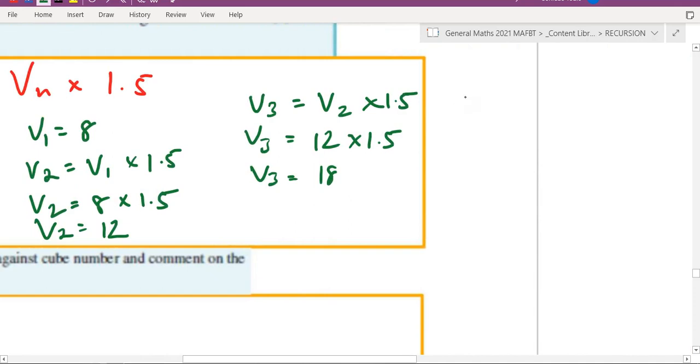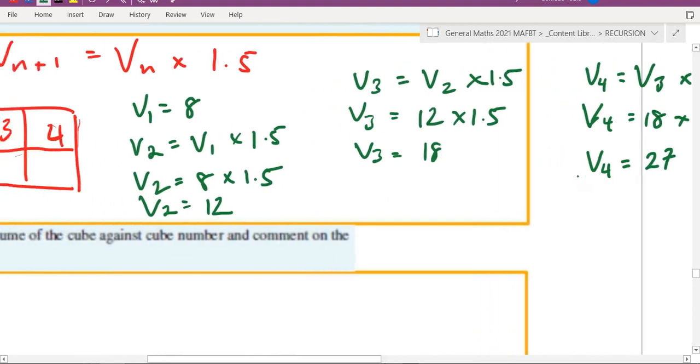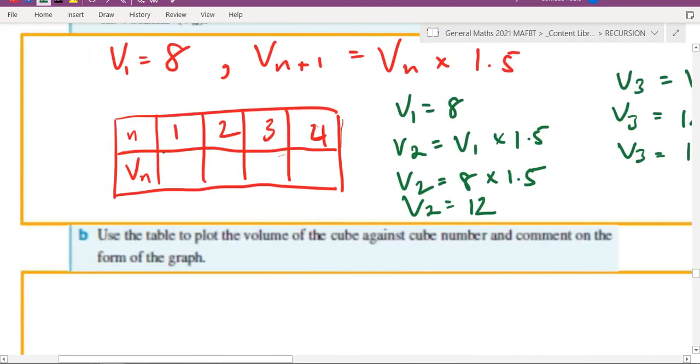Okay, and then V4, which is going to be V3 times 1.5, so that would be 18 times 1.5. V4 should be 27. Okay, so there's my numbers. 8, 12, 18, 27.